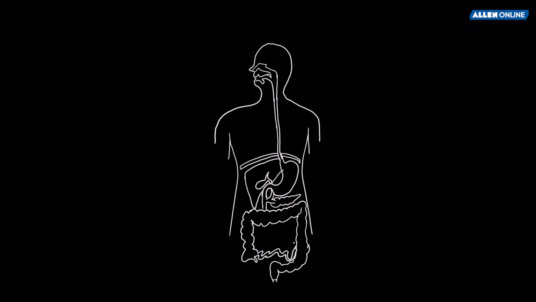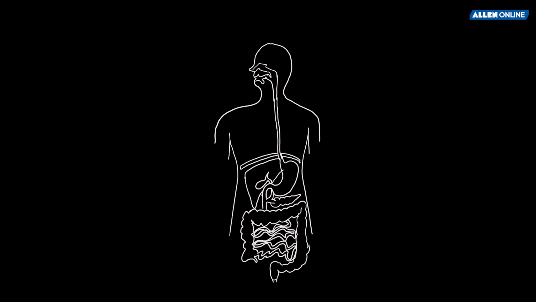So we are going to draw it like this only. Okay, so like this we'll draw the small intestine. Now this completes with the digestive system, and now we are going to label it.